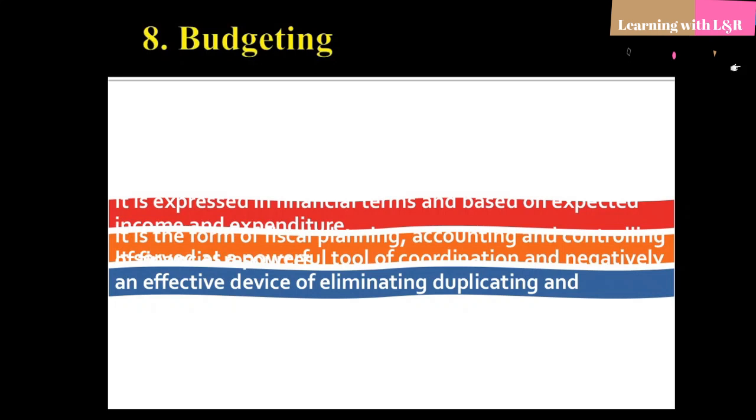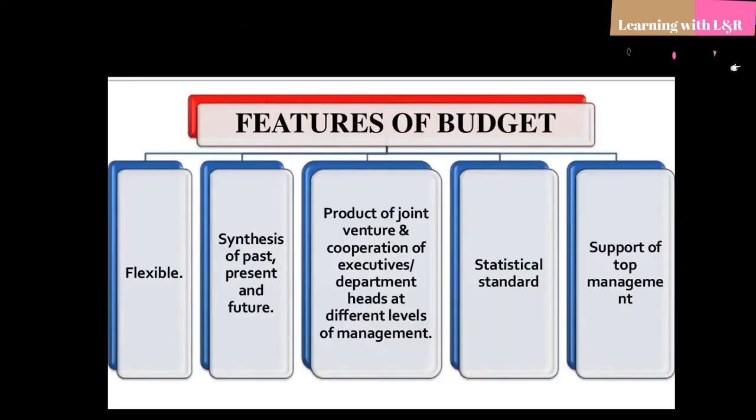After that, budgeting. It's an effective device for eliminating duplication. Budgeting is very necessary. Then features of budgeting: it should be flexible according to the goal and the target. The fixed amount might decrease or increase.